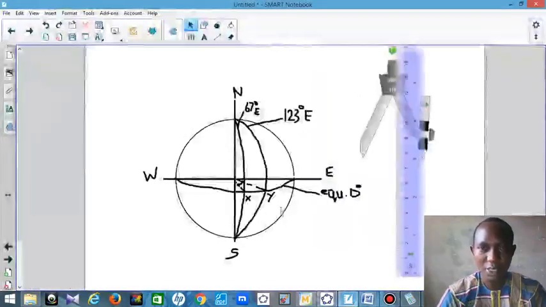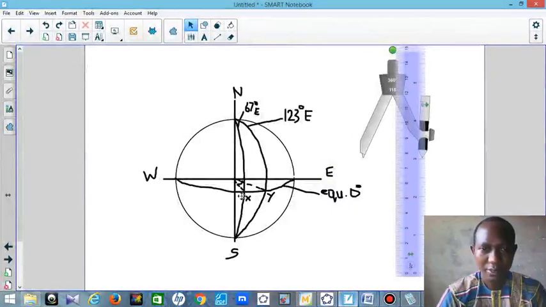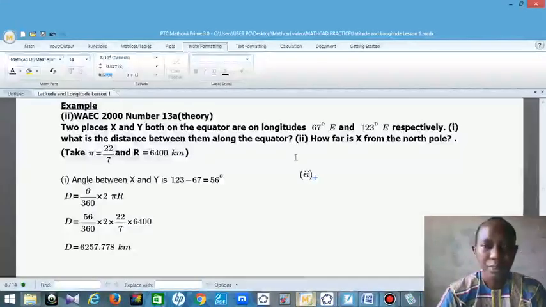If you use your sketch, you can say this is x. So x to the North Pole, this is the distance they want us to find in this question. So you only need the angle between x and this North Pole line, which is 90 degrees. So we don't need to waste time.